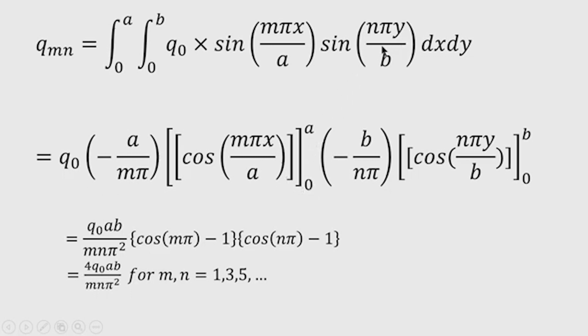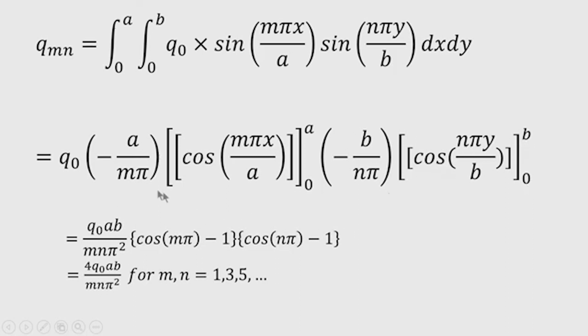Similarly, for the term sin n pi y by b dy and integrated within a limit 0 to b, you will get minus b by n pi as coefficient and cos n pi y by b, and to be evaluated with a limit 0 to b.